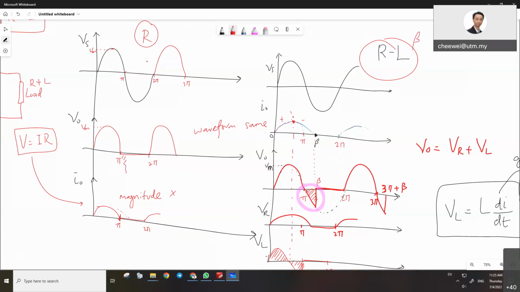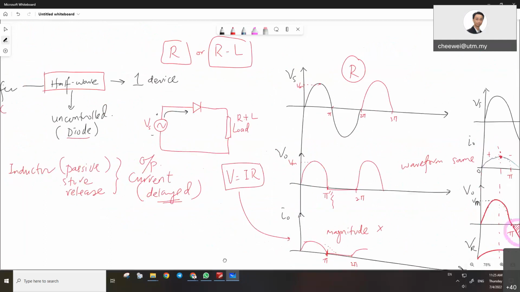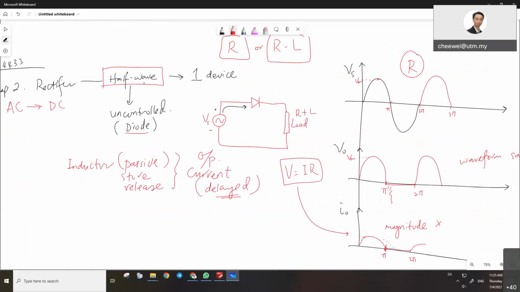Okay, that is for the case of half wave uncontrolled using diode. What about if we have half wave and it becomes controlled? If it is controlled, what device do we use?